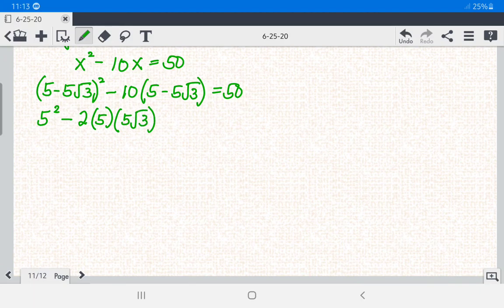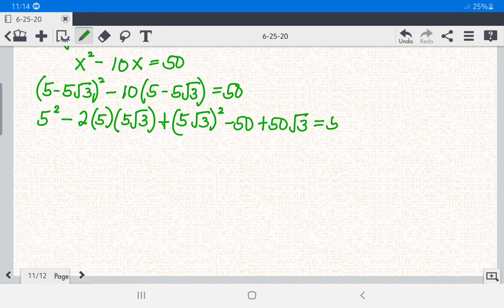Then plus square of the second term, 5 square root of 3. Okay. Then, this one. Again, negative 10 times 5, we have negative 50. Then, negative 10 times negative 5, we have positive 50. Then, you will just copy square root of 3. Then, equals to 50.